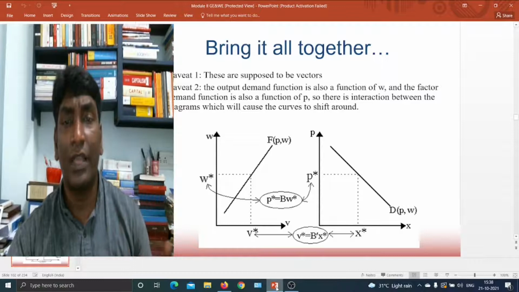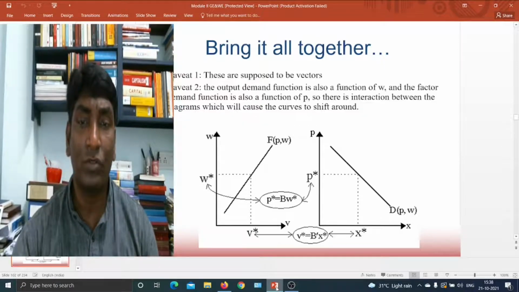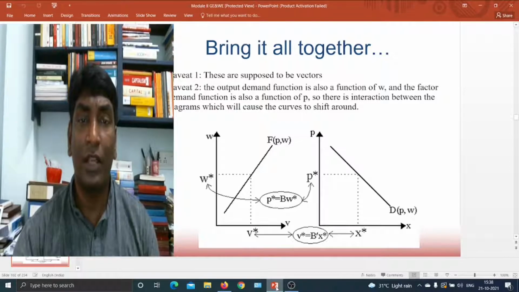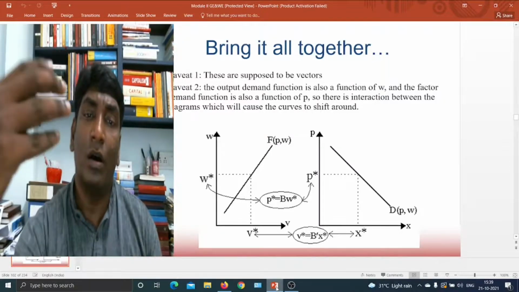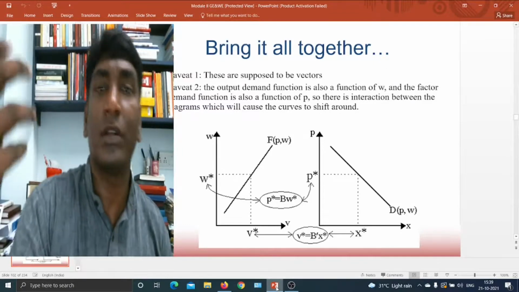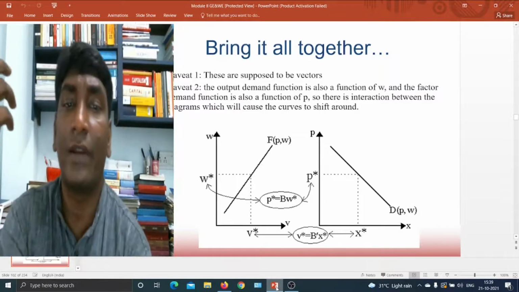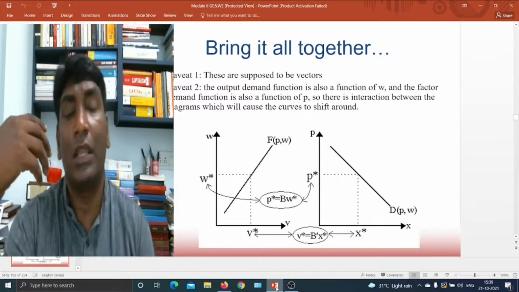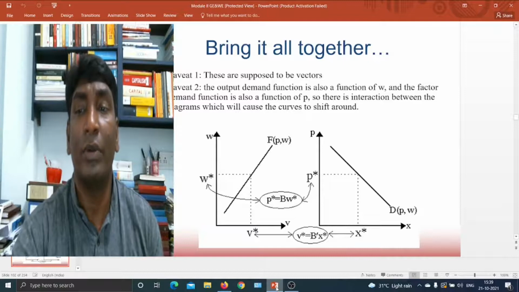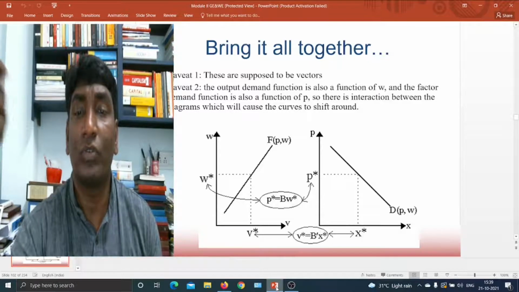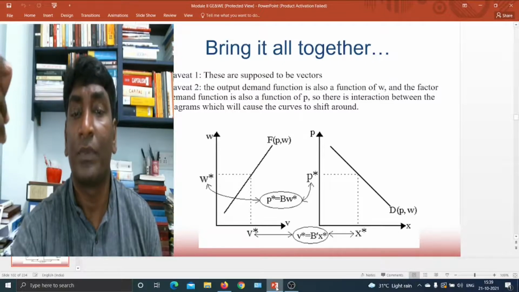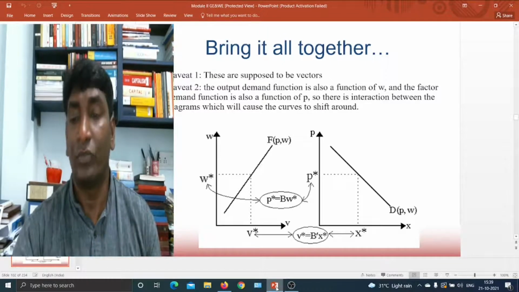That is the first caveat one can point out from this particular model: these are vectors. Okay, a vector is actually a unidirectional kind of relation. Then the output demand function is also a function of w, and the factor demand function is also a function of p. So there is an interaction between the diagrams which will cause the curves to shift around.